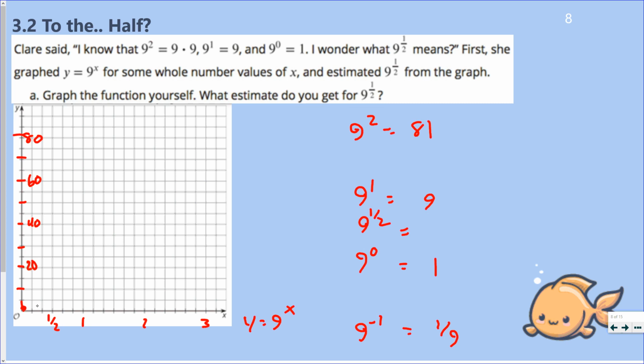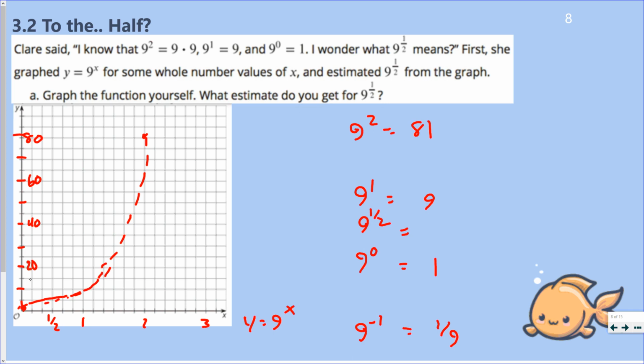Now, 9 to the first is 9, right? But 9 squared is going to be 81, so it's going to be right here. The next one's going to be way off the chart, so we don't even have to worry about it. But what we can do is sketch a graph of what this might look like.